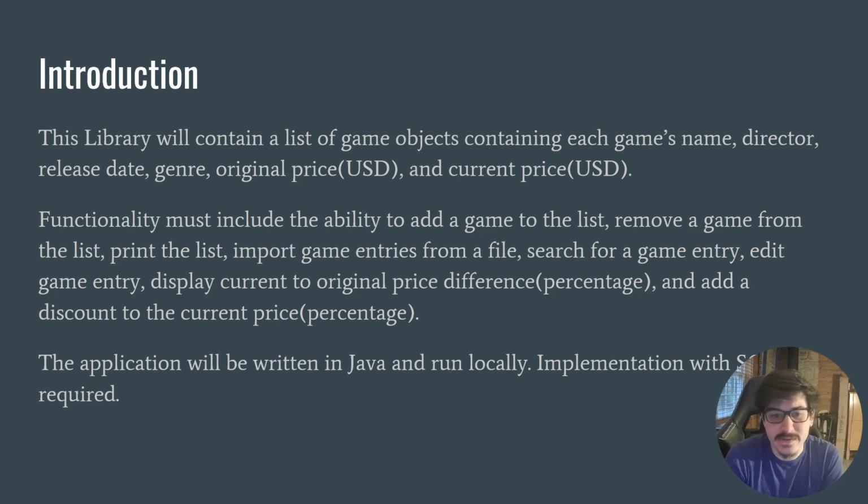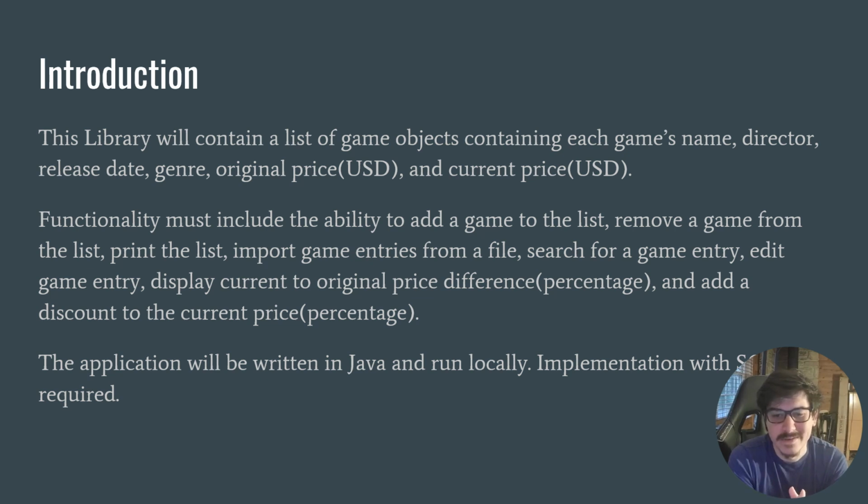The game library system will be a database of game objects with the name of the game, the director of the game, the release date, the genre, original price, and current price.